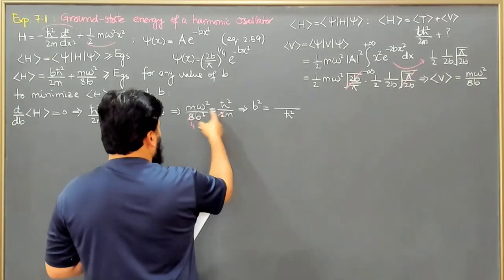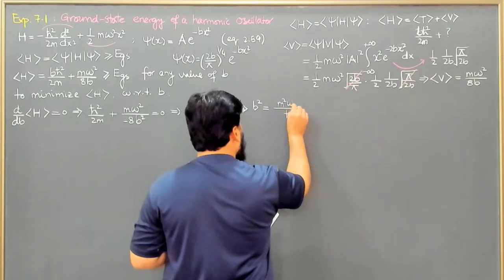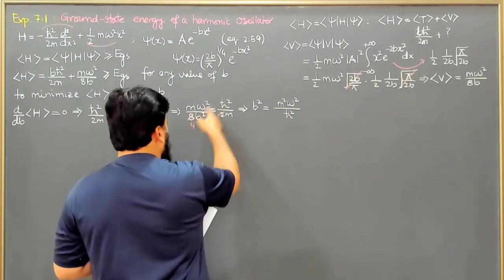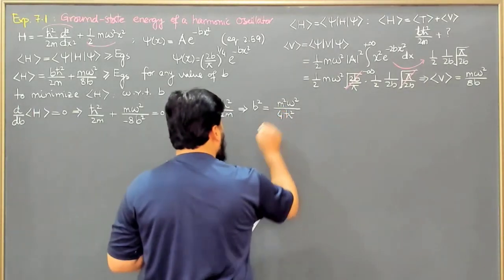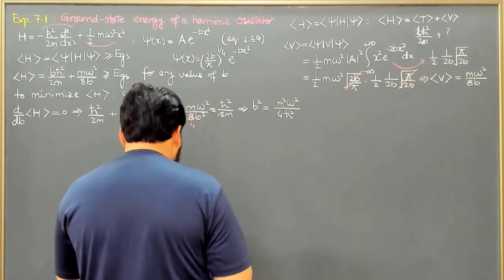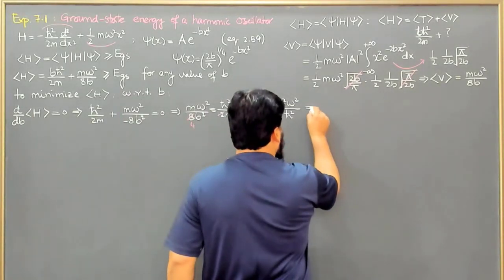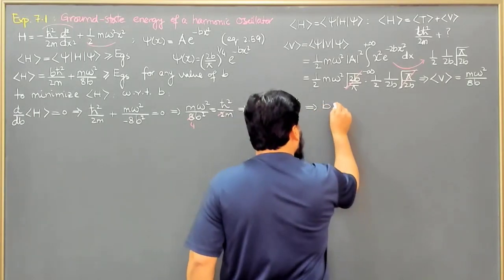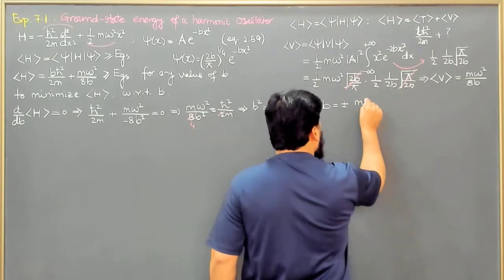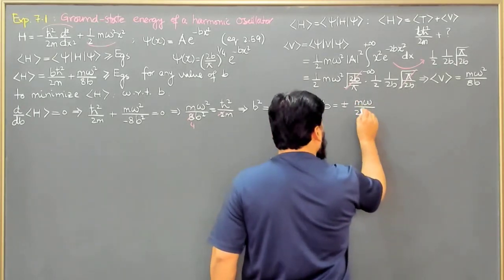and m² ω², and then with the ħ², 4 will also come in, so m² ω² over 4ħ², and this implies that b comes out to be plus or minus m ω over 2ħ.